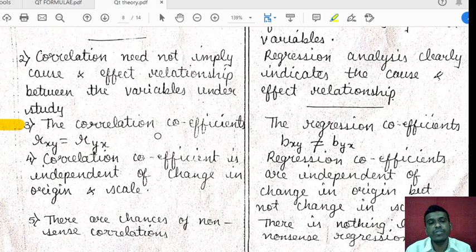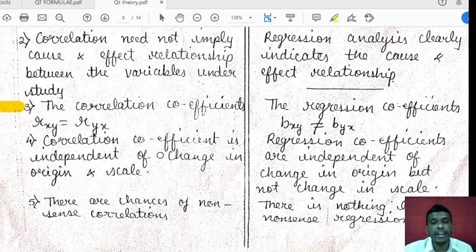There is no difference between them. On the other hand, if you are talking about regression, yes, there is a huge difference between x on y and y on x. The regression coefficients bxy and byx are not equal, they are different. They may be equal sometimes in certain cases, but if the variables are not perfectly correlated, then they are absolutely different. bxy and byx are different.